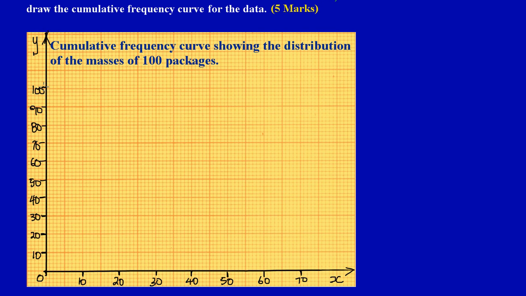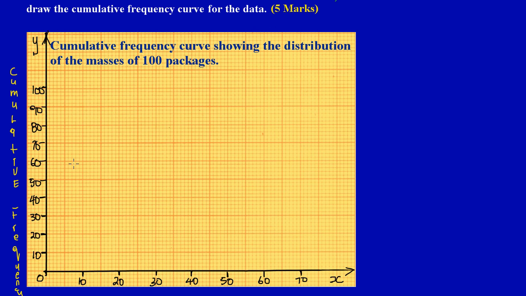Now when drawing a cumulative frequency curve, what you're really plotting is cumulative frequency on your y-axis. So on my y-axis here, I must have my cumulative frequency.